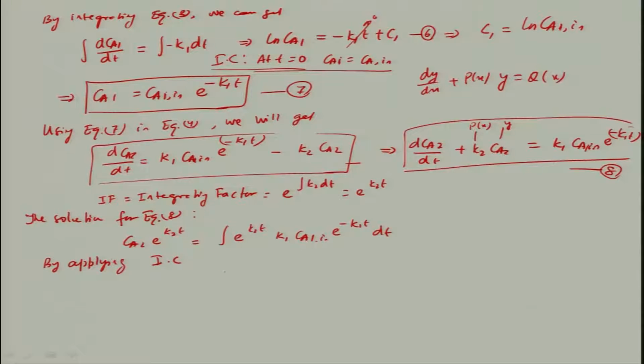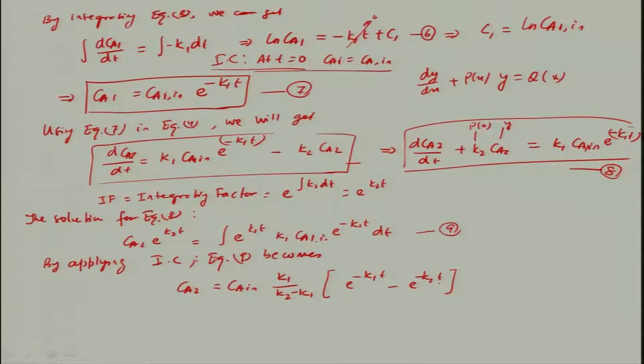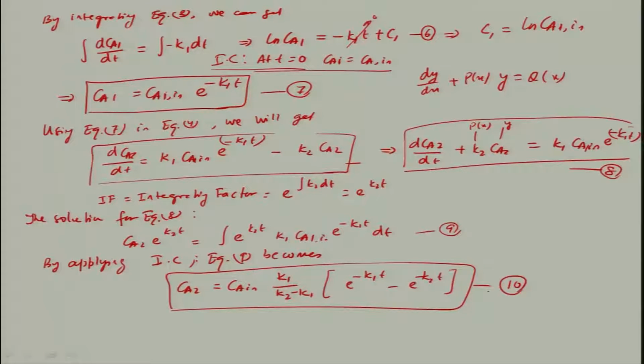So I can get a solution like this. If I say this is 9, equation 9 becomes CA2 is equal to CA1 in K1 by K2 minus K1 times e to the power minus K1 T minus e to the power minus K2 T. This is your equation.